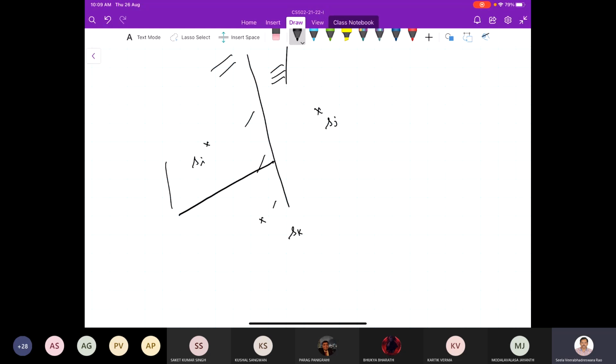Now, if you take this region here, and extend this, all this region is closer to SI than SK.